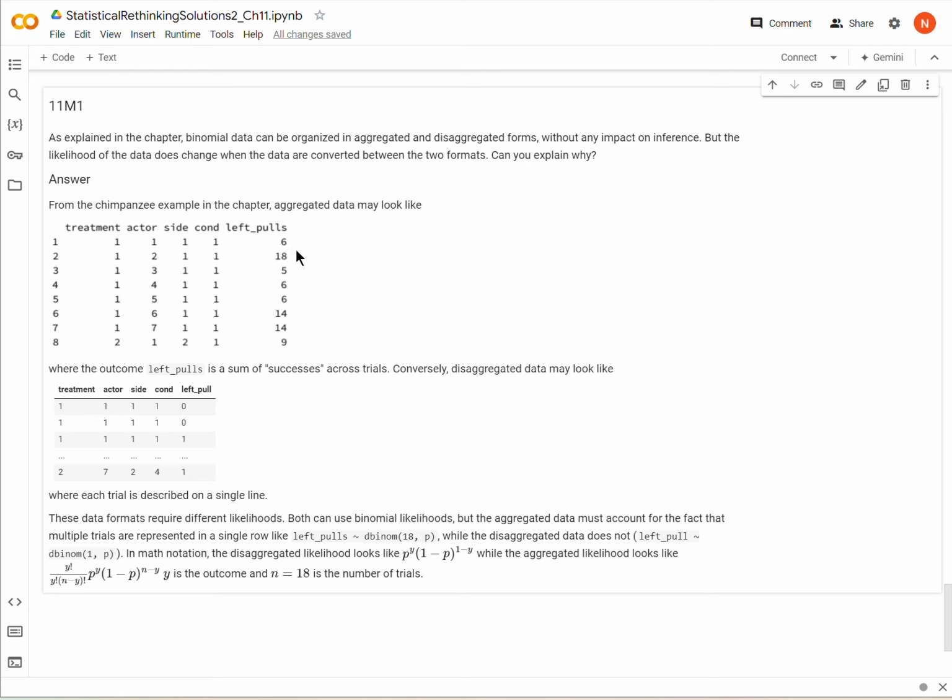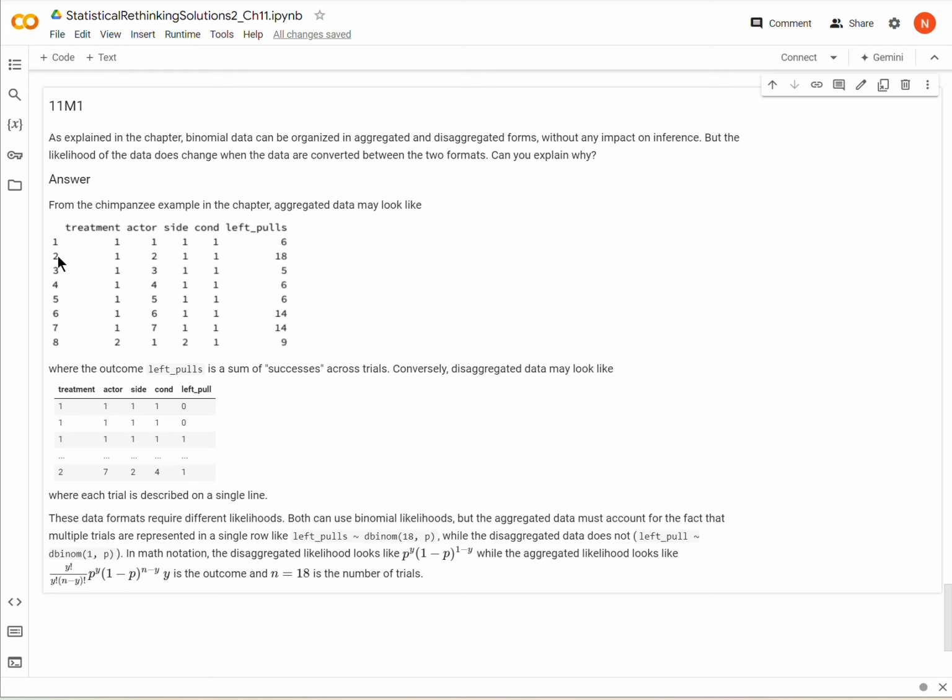So in this instance, for actor 1, the first chimp, for the first treatment on the first side under the first condition, they pulled left 6 out of 18 times. What you don't see here is that there's a total of 18 trials.